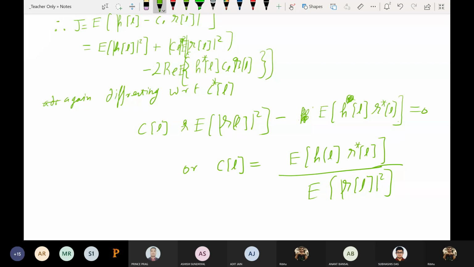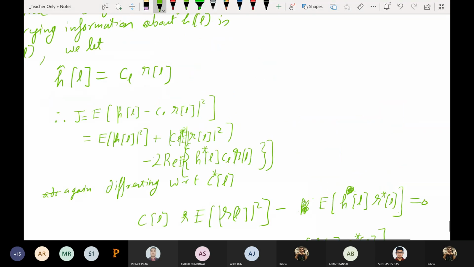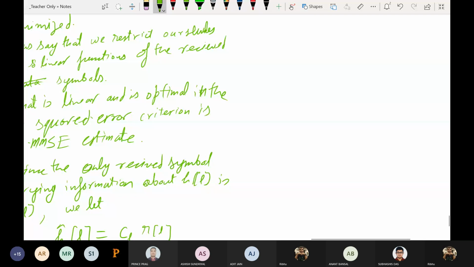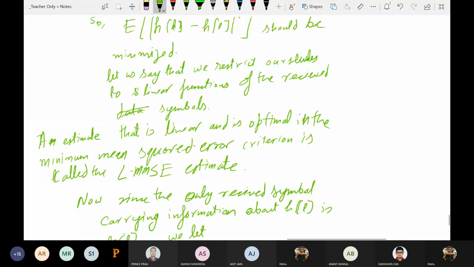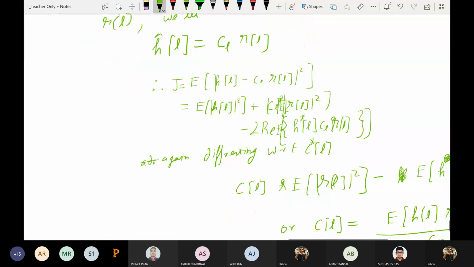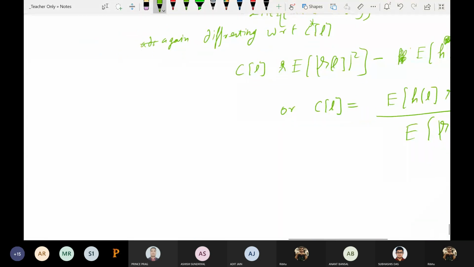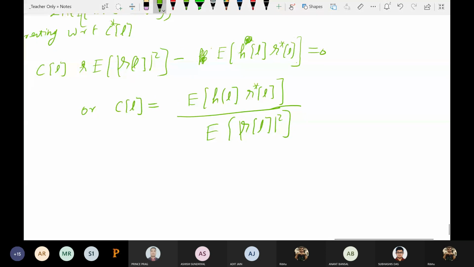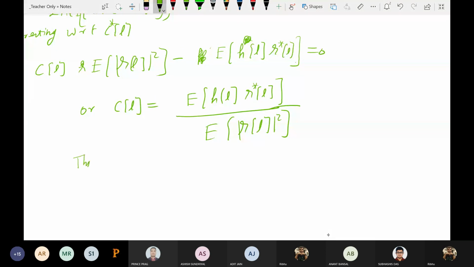So this is actually the MMSE estimate of the Lth symbol or Lth pilot. And this is the MMSE estimate of the Lth channel.